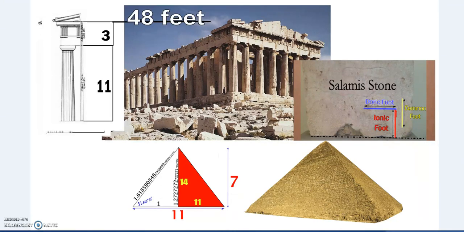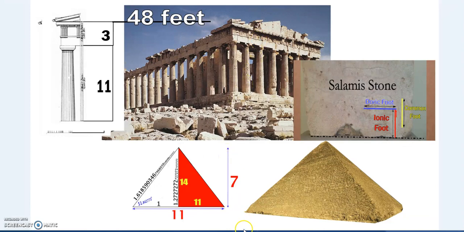But the point being that the entire height of a column, so when you measure a column, you should include the architrave portion there at the top as well, and that is 48 feet, or modern English feet as they're called, but they actually were in use way back then.